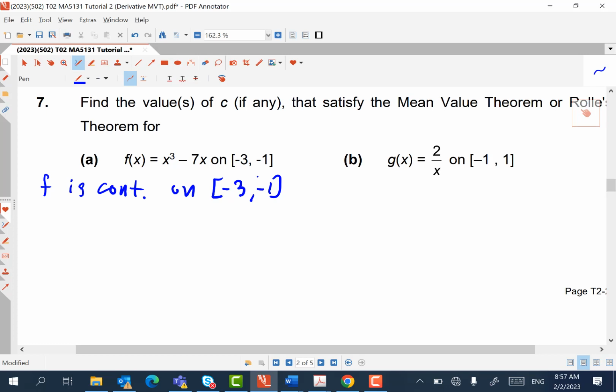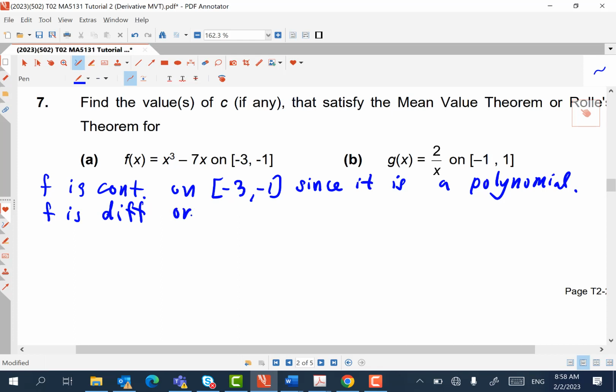Martin? Since it is a polynomial, and then f is differentiable on the open interval for the same reason.